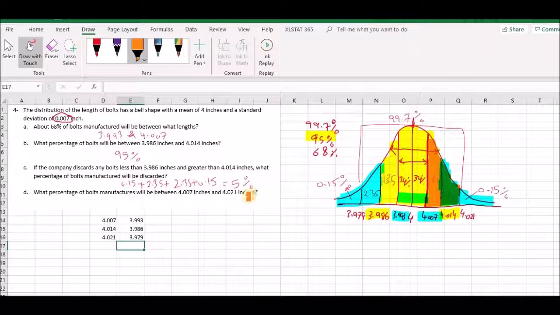If you add 13.5 plus 2.35, you will get 15.85%. So basically, 15.85% of the bolts manufactured will be between 4.007 inches and 4.021 inches. And that is the answer to the last question.